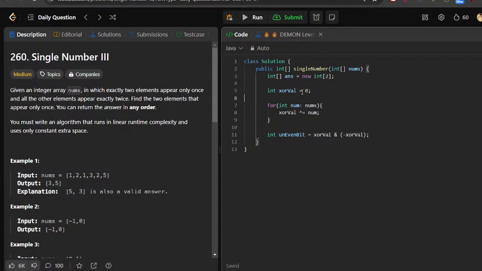This is called running XOR. Second is finding the rightmost uneven bit. This is done. What is third?